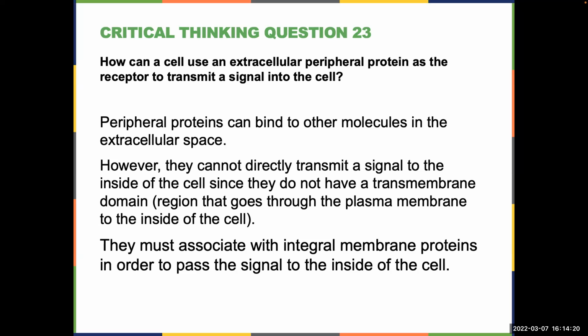However, they cannot directly transmit a signal to the inside of the cell since they do not have a transmembrane domain. So they must associate with integral membrane proteins in order to pass the signal to the inside of the cell. Did you get this one? This one was a little tricky.